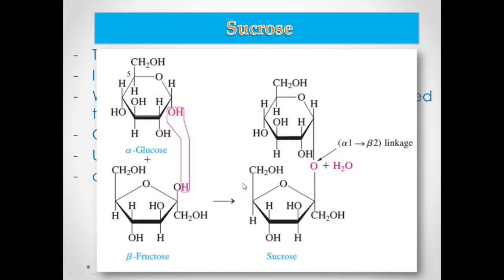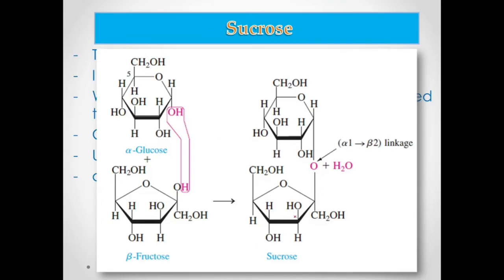If you have your alpha D glucose here, linked with your beta fructose, you can now form the sucrose. They're linked with the alpha 1 in alpha D glucose, and beta 2 in beta D fructose. This is carbon number 2 of that sugar, so that you can form the alpha 1 beta 2 linkage.